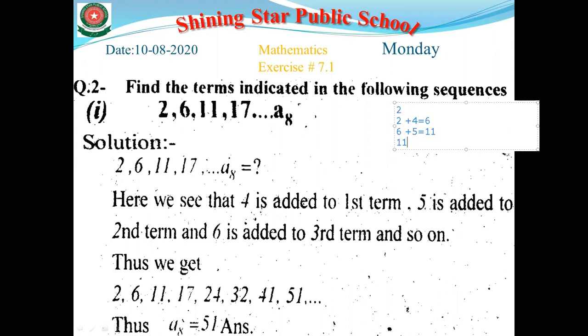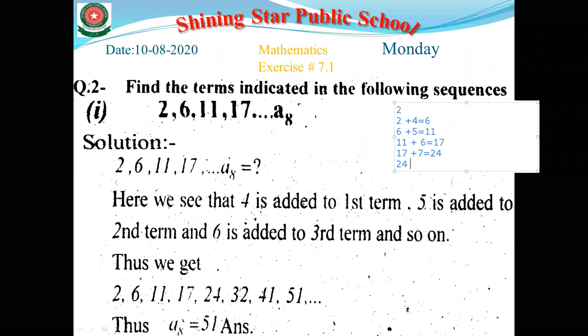Now 11 plus 6 is equal to 17. Now 17 plus 7. Here we add 4, 5, 6, 7. Now 17 plus 7 is 24.